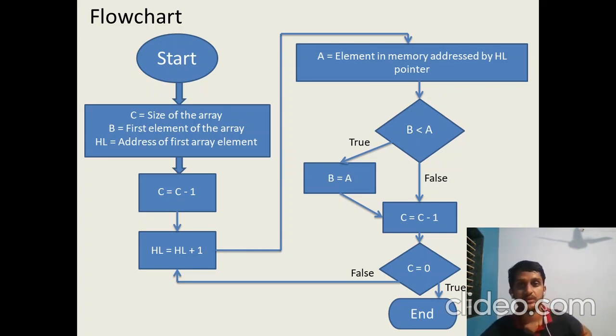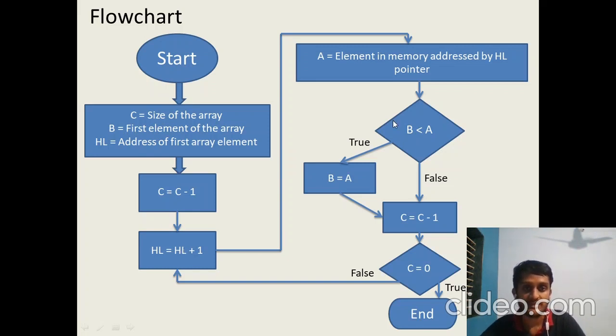Now when we have done this for the second element, we would decrement the counter by one more, and after that we have a conditional statement here, C equal to 0. When will this be reached? This will be reached when we have exhausted all the elements in the array. At first we started with the first element, then we decremented by 1.